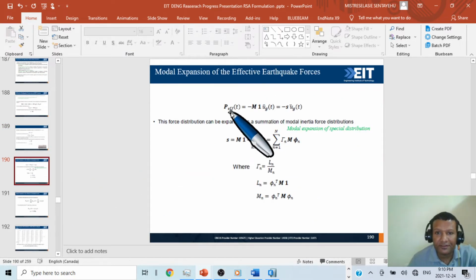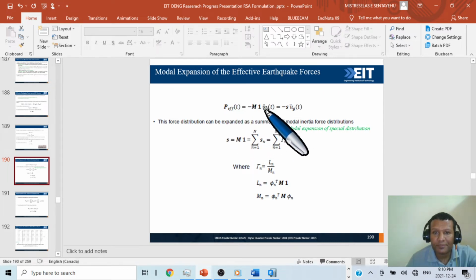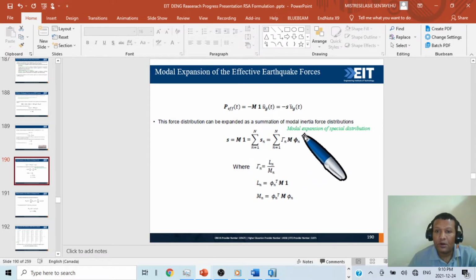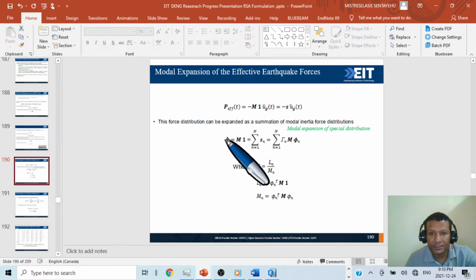So P effective is equal to m times 1, as we discussed. So m times 1 is S times ug double dot. This force distribution can be expanded as a summation of modal inertial force distribution. So modal expansion of spatial distribution. So S, we have m times 1 equals the sum of Sn. Sn is for only one mode.